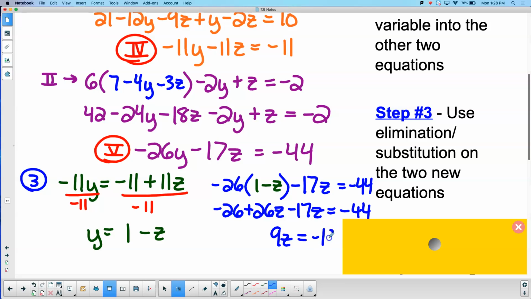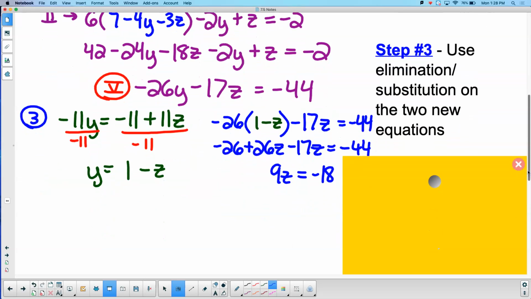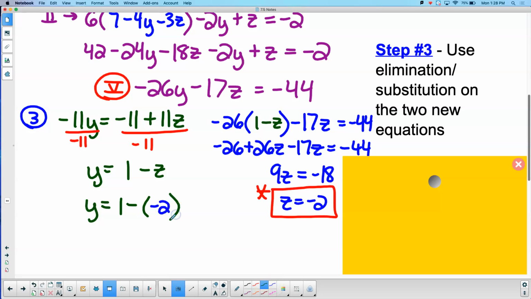Negative 18. So z equals negative 2. One minus negative 2 is positive 3.